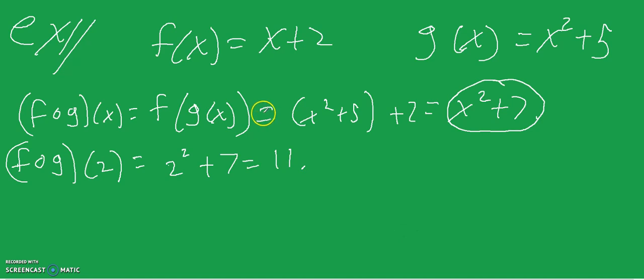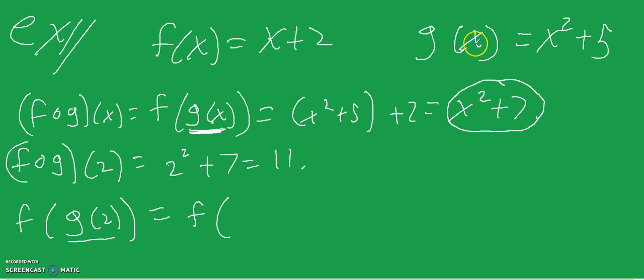Alright, now there's another way I could have done this, because if you notice right here, I did g of x first. So what if I do g of 2 first? So if I do f of g of 2, well, first you do what's inside the parentheses, so I evaluate what g of 2 is.